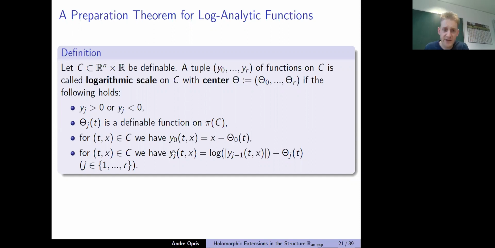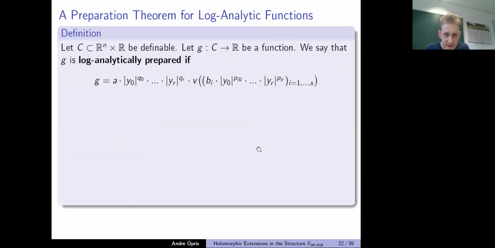And here you see, for example, this j here describes the j-times iteration of the real logarithm. And with this technical tool, I can define a log-analytically prepared function, and we say that a function g is log-analytically prepared if it is of the following form.